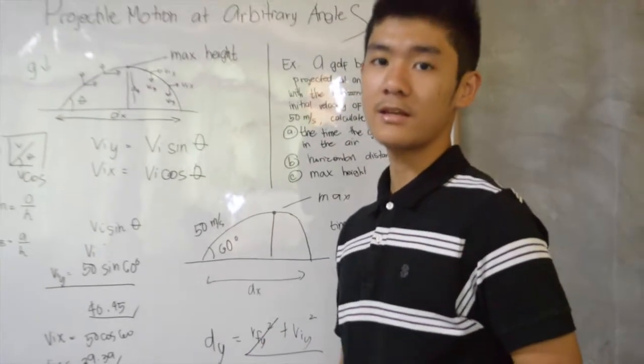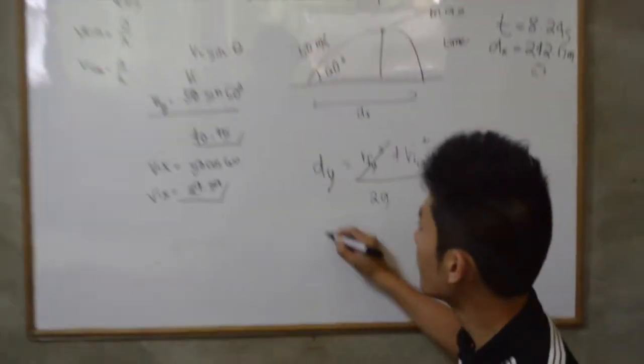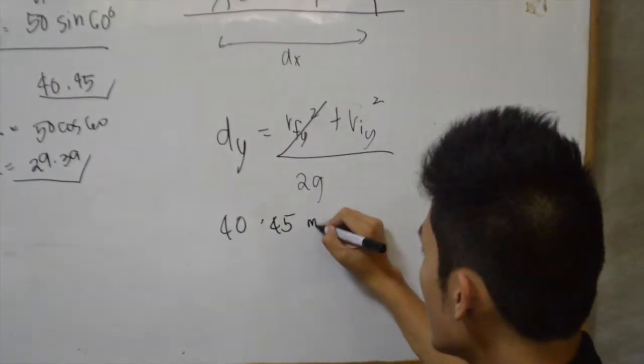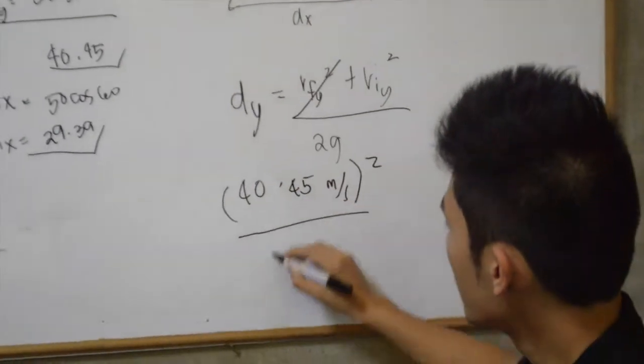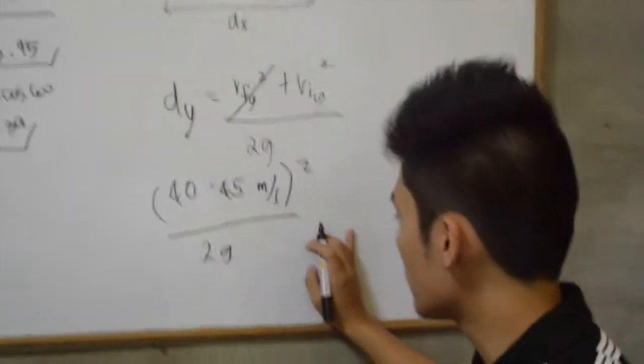The initial velocity is 40.45, squared, over 2g. We're going to punch it in the calculator.